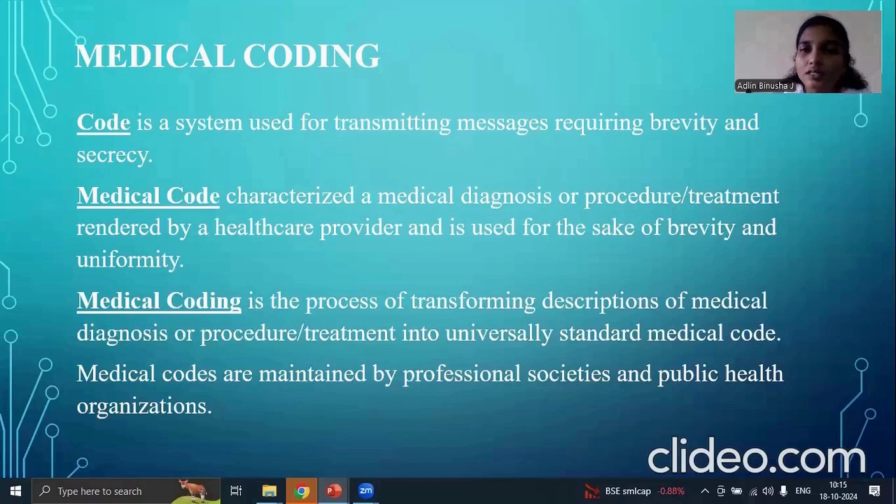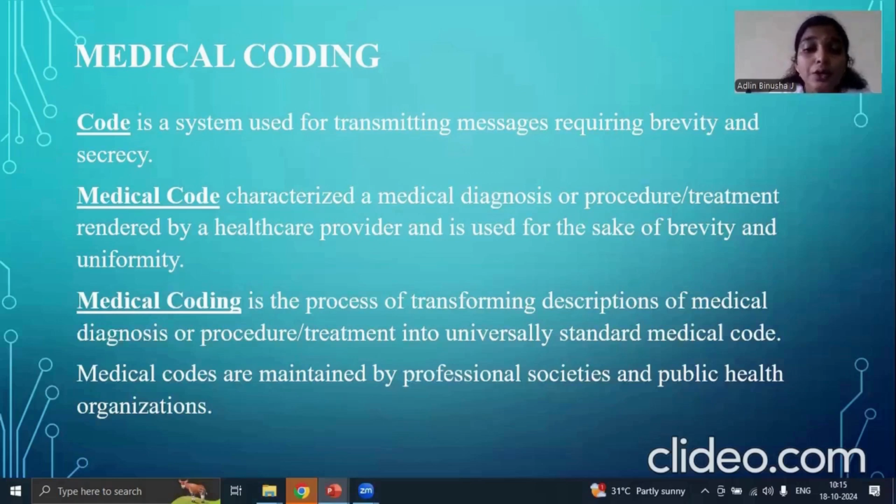The codes assigned to the medical conditions, treatments, or procedures are called medical codes. Then what is medical coding? As I already explained, it is the process of transforming descriptions of medical diagnoses or procedures into universally standard medical codes. These codes are not created by the medical coder.